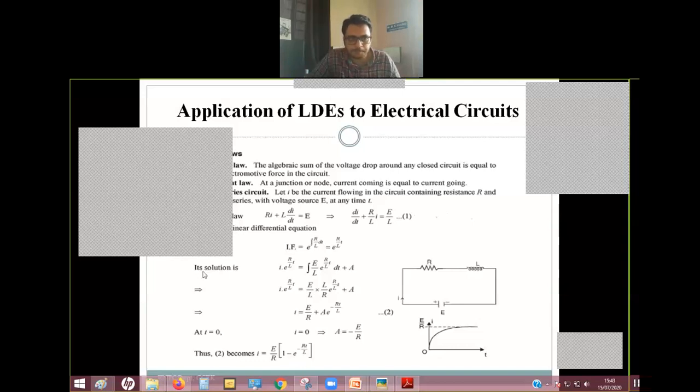Are you getting it? Please confirm. If we put some R, L and E values in this equation, then what kind of solution will we get? Whether it will be a general solution or a particular solution.